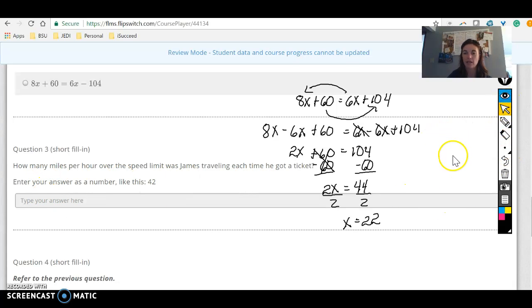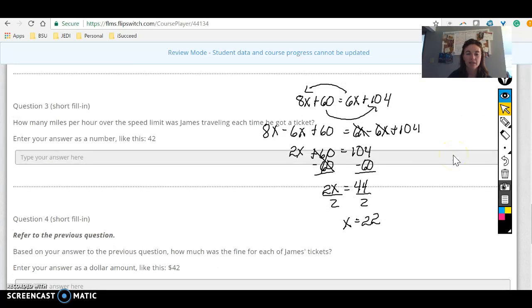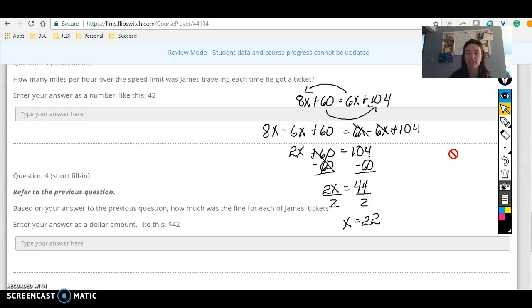Since we know that x is 22, we can solve for y, which is the amount of the fine. I can use either of these equations. Remember, each of these is y. So I can use either of them to figure out how much the fine was. I'm going to do 6x plus 104, which equals g of x, which is the same as y.